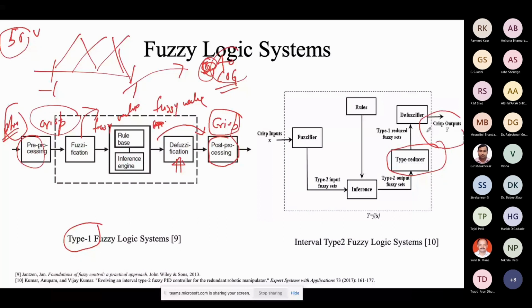Different type reducers are available in the literature, most of them given by Jerry Mendel and Oscar Castillo. So this is all about the basic fundamental systems of type 1 and type 2, and how it works we will see in this slide.